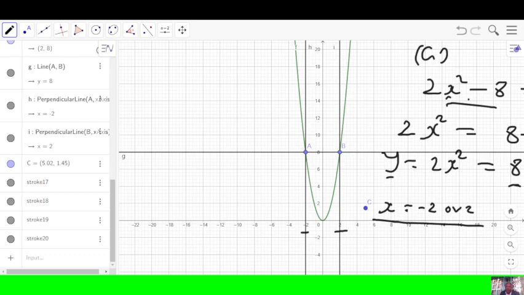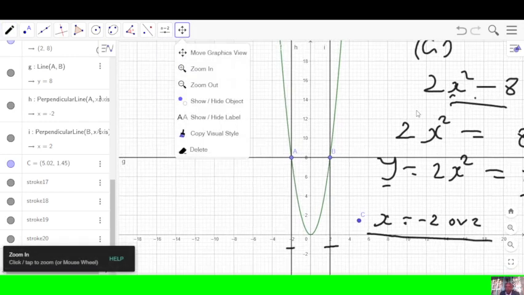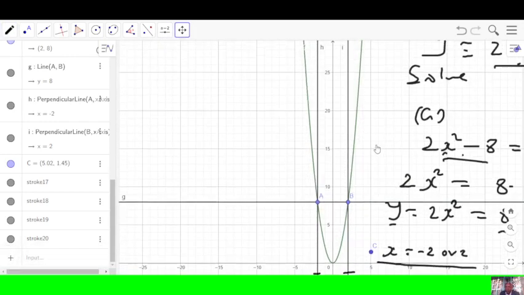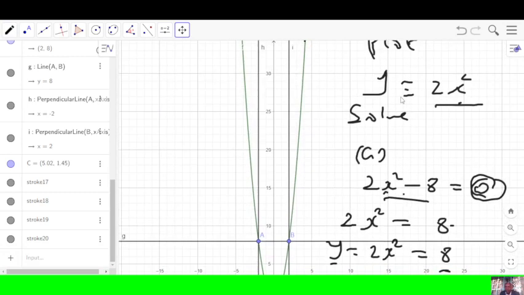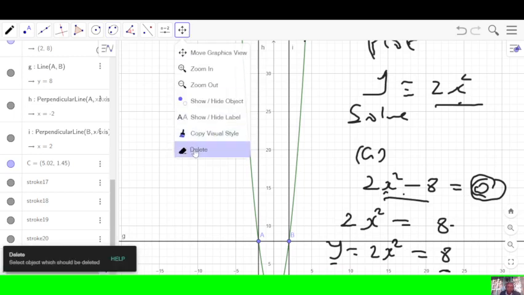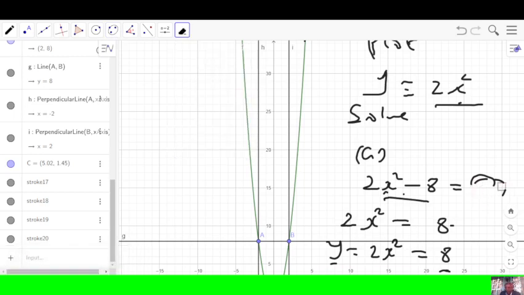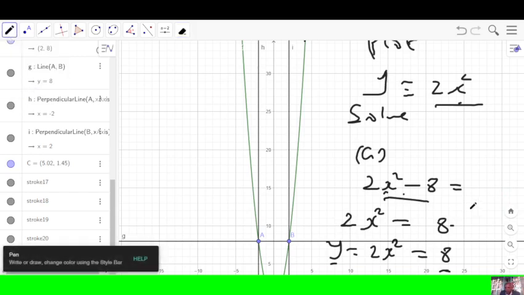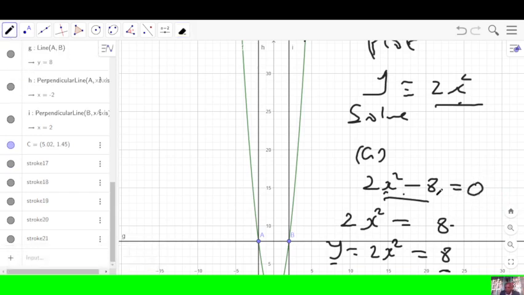That if you have an equation of y equals 2x squared, and you have been asked to solve the equation 2x squared minus 8 equals 0. Let me just make this so that this was 0. This is 0.